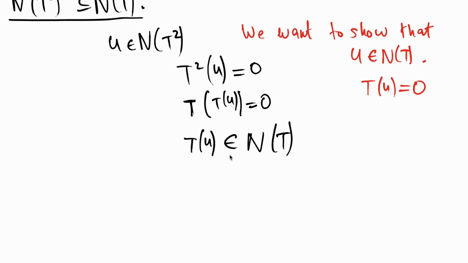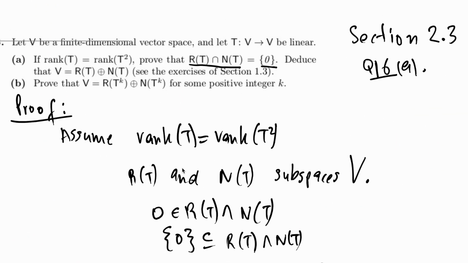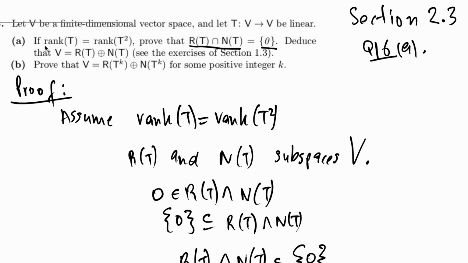Okay. So T of U is in NT. Now we want to show that T of U is equal to 0. How do we do that? Well, we're finally going to use the assumption we have in the question, which is rank of T equal to rank of T squared.